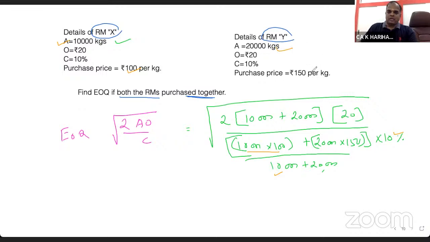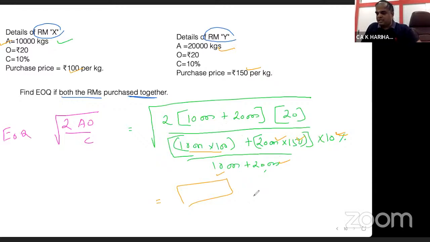Similarly, 20,000 kgs into 150, out of which 10%, divided by 20,000. Therefore, carrying cost per unit per annum we can get. So EOQ is equal to. Can you please tell me what the answer is? EOQ.